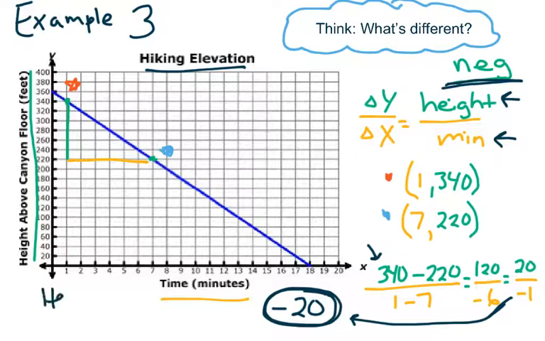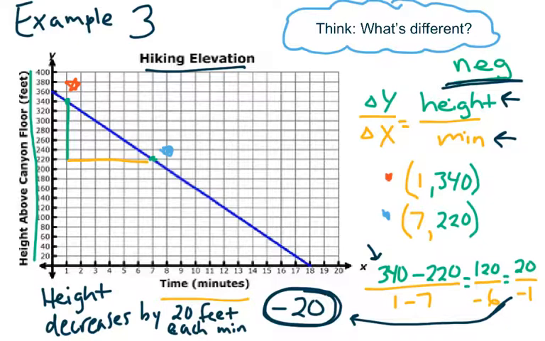So the height decreases by 20 feet each minute. And if you look at our answer here, decreases we know means negative. So I didn't have to have this negative 20. It already means negative because it says decreases.